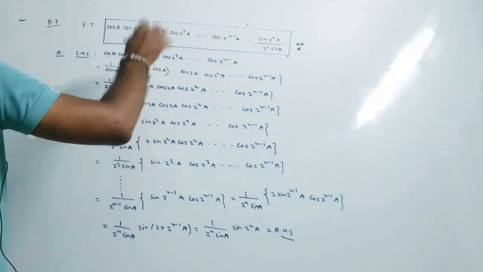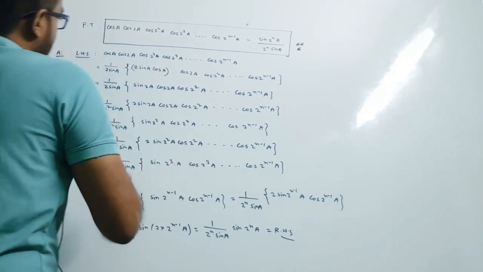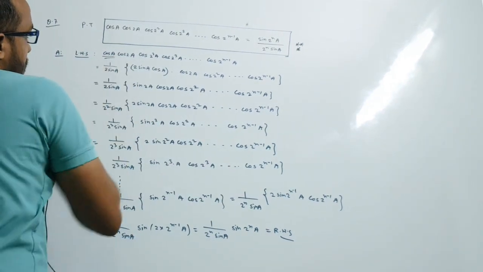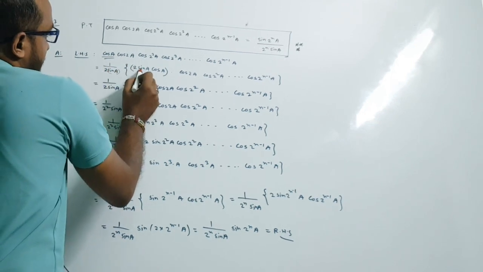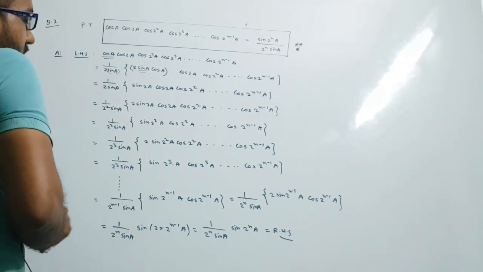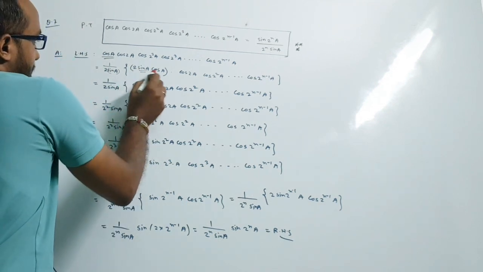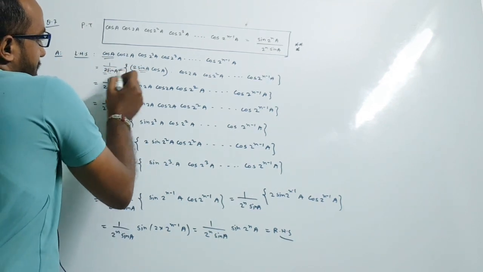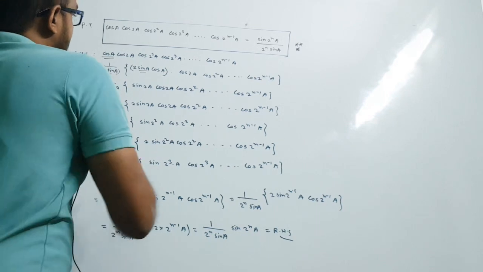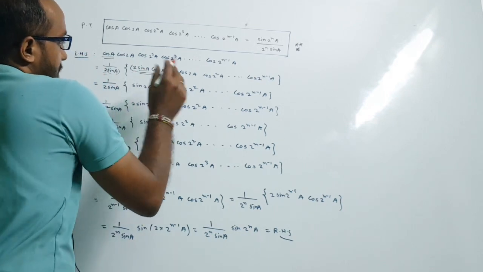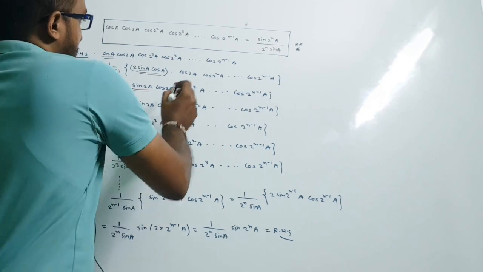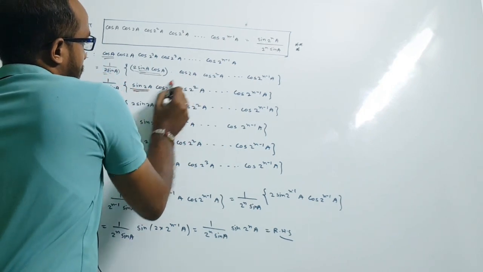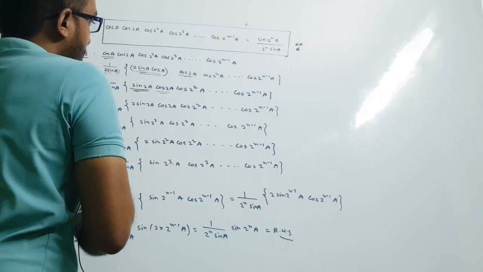Let us first prove how it has come. Now see, here we have cos A. That means take 1 by sin A and multiply by 1 by sin A inside the bracket, and divide by 2 and multiply by 2. Then 2 sin A cos A would be sin 2 theta, that means sin 2A. And again we have sin 2A and here cos 2A.